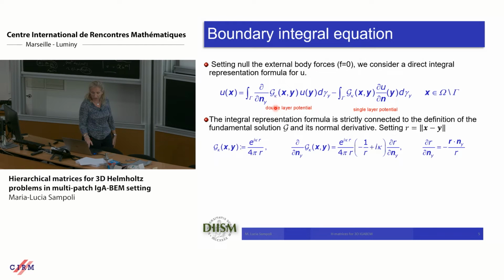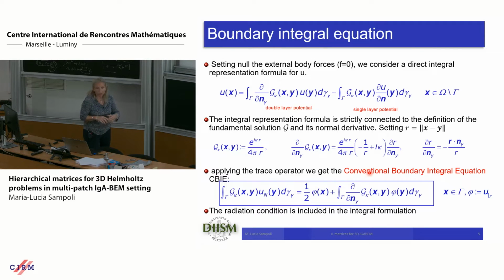For the Helmholtz equation, the fundamental solution has this expression, together with its normal derivative. Here r is given by x minus y, where x is the source and y is the field, and this is why in some cases we have some singularity.